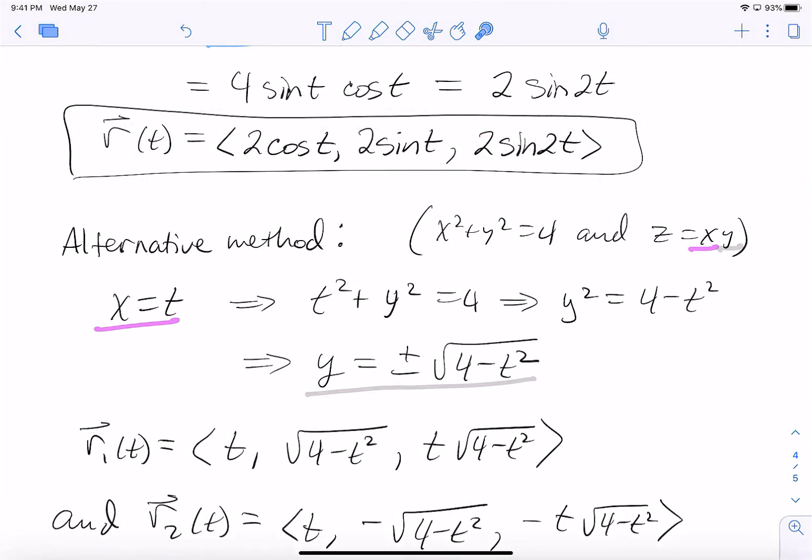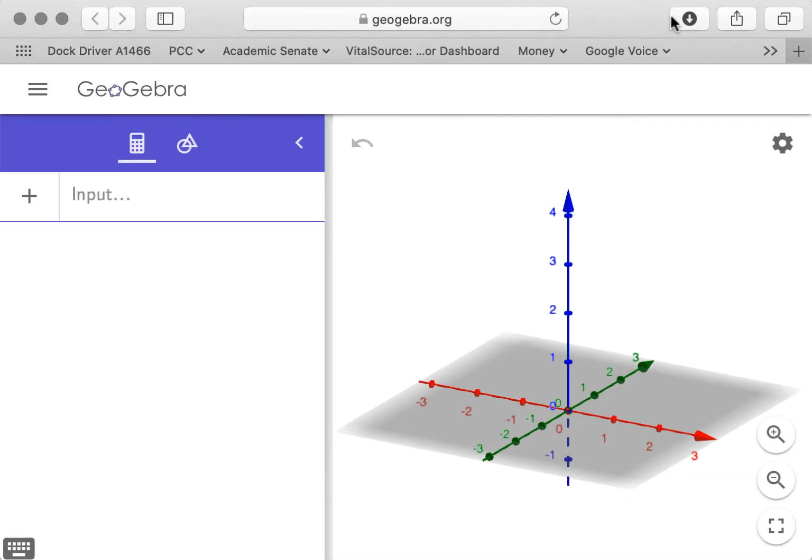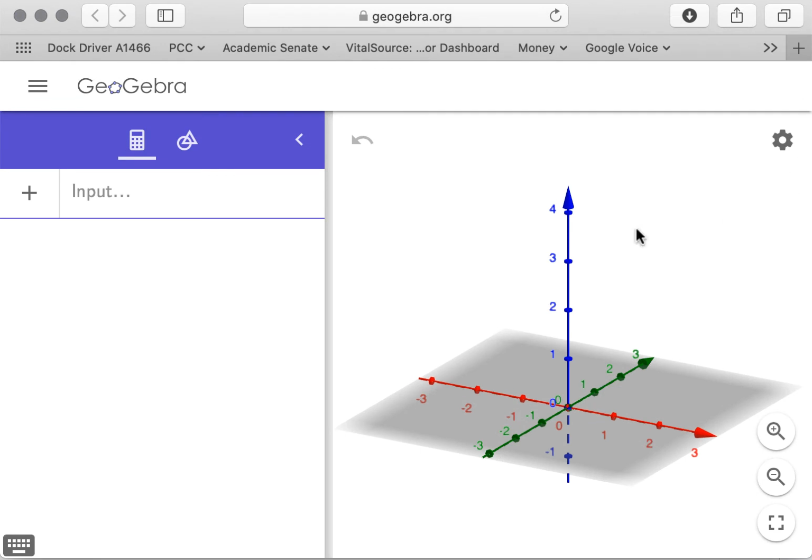Now let's see how we can use a graphing utility to represent this curve of intersection. GeoGebra has a 3D graphing tool. You can find it by Googling GeoGebra 3D graphing tool, or there's a Canvas module for it, or it's on my website as well. In order to enter a vector function, we type in the parametric equations as though we're typing in an ordered triple.